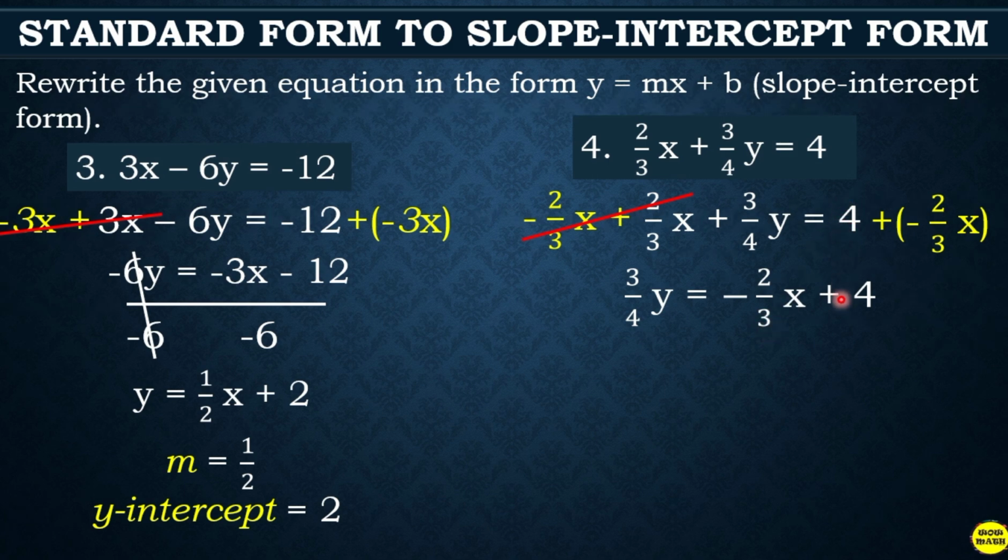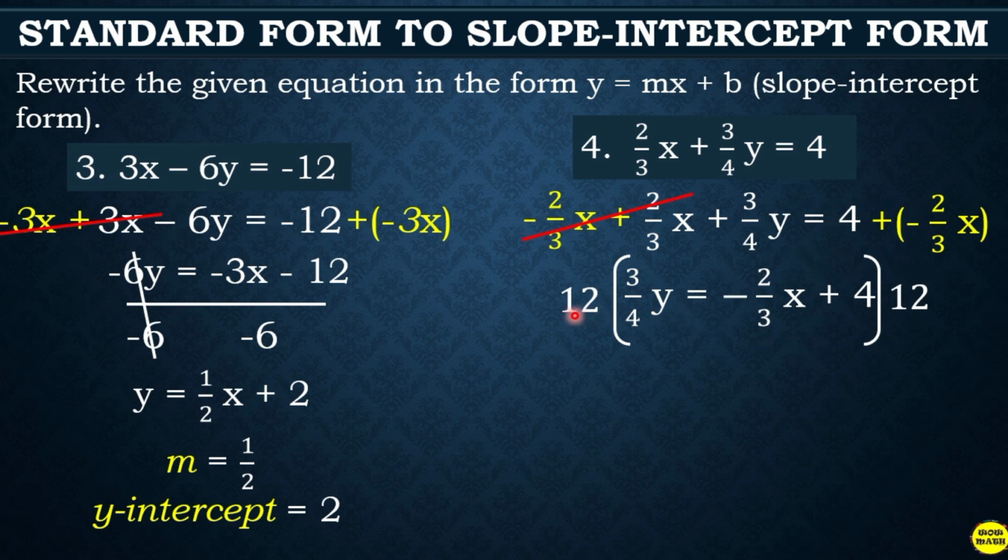Kasi positive siya. Okay. Now, ang problem natin is meron tayong fraction. Okay, nagkaroon tayo ng denominator. So, anong gagawin natin kapag ang given ay may fraction? Okay? So, we will multiply both sides of the equation using the LCD. So, ano ang LCD natin?